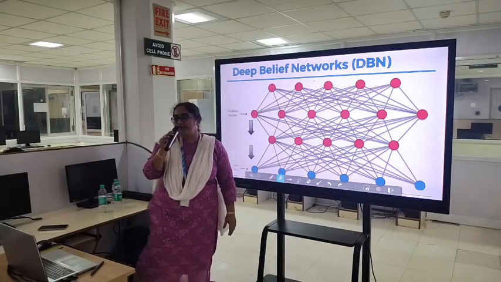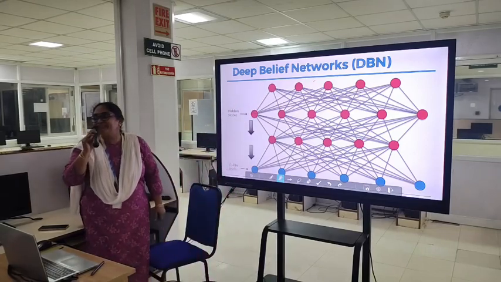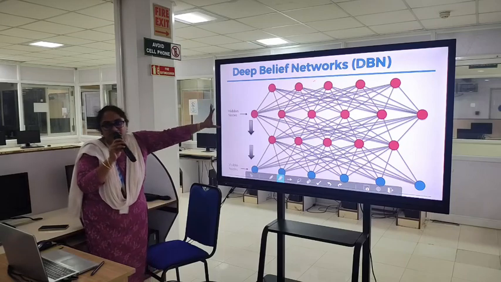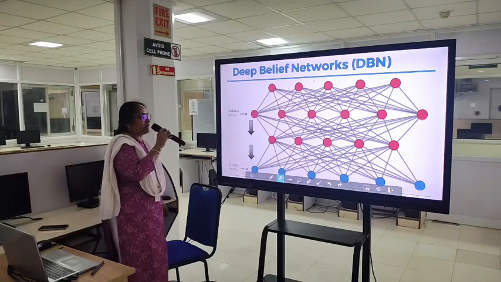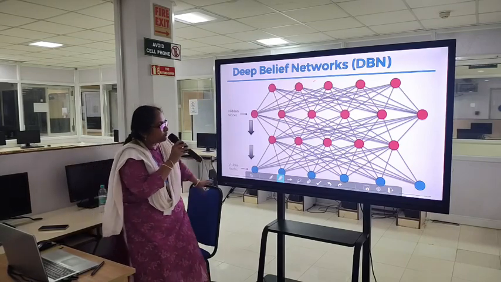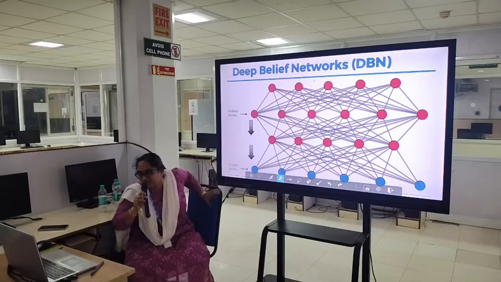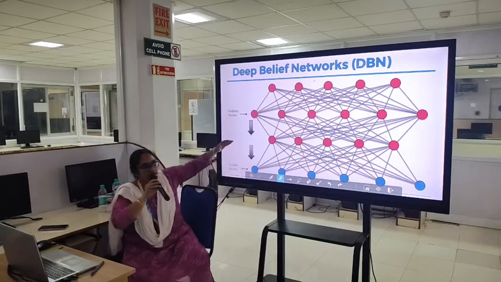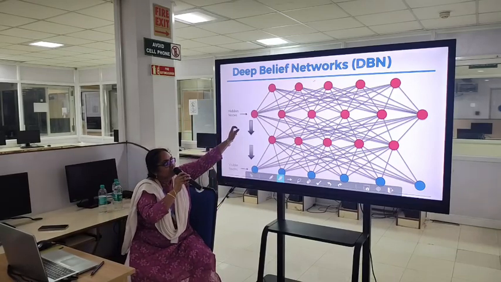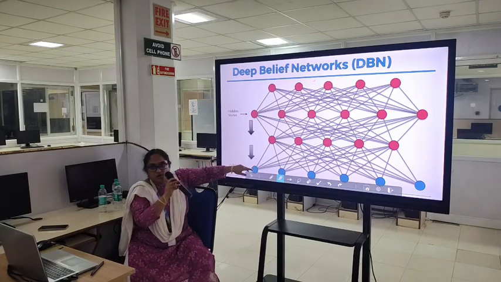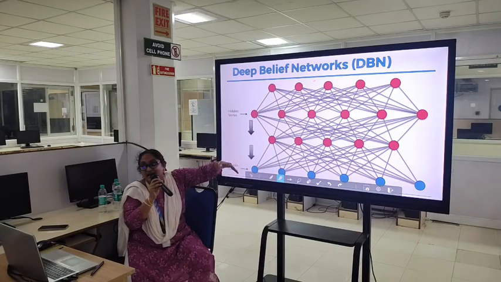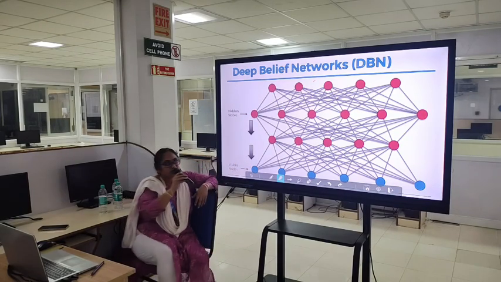The main important feature, one of the topics that they have given, is the deep belief network. In the deep belief network, you have stacked Boltzmann machines, one on top of the other. And you can also see that the inputs are not connected to each other, just like in any other RBM, restricted Boltzmann machine.